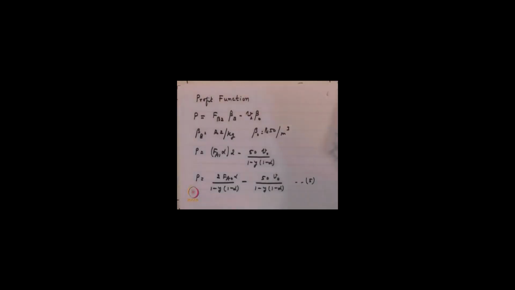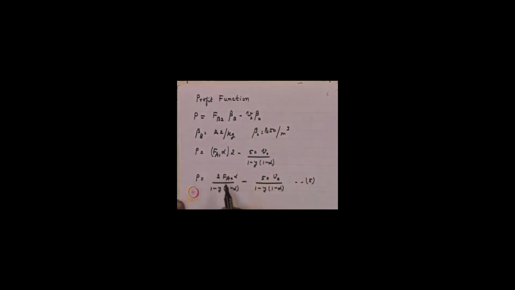Okay. Now, we have this cost function, the profit function: F_B2 times beta_b minus V_2 times beta_0. Both are given; beta_0 is given, beta_b is given. Therefore, we have now a profit function which is very nicely stated, and you notice once again that F_B2 is F_A1 alpha, where V_2 is V_1.